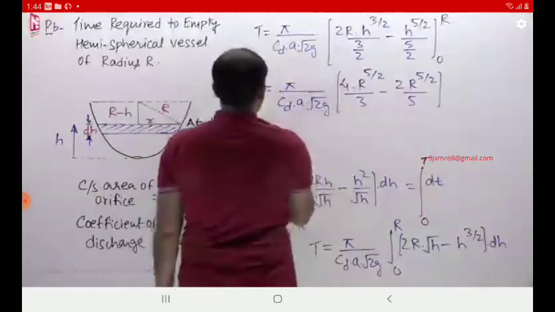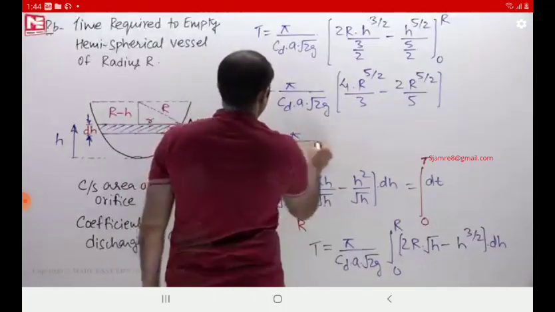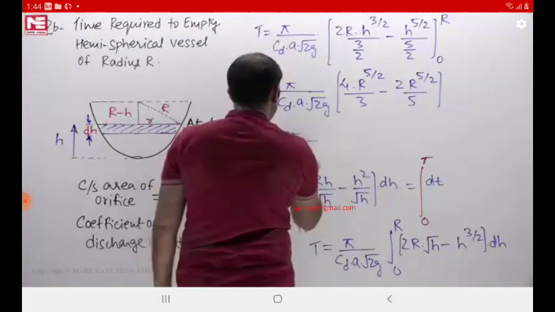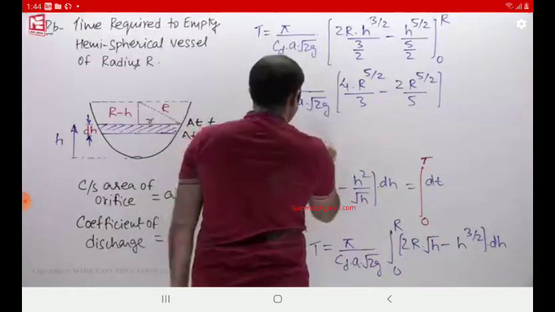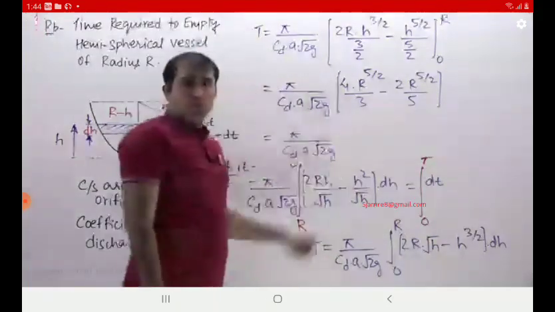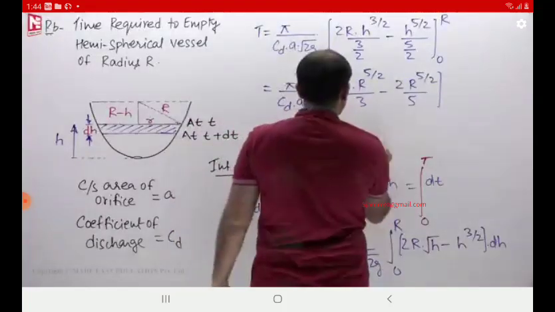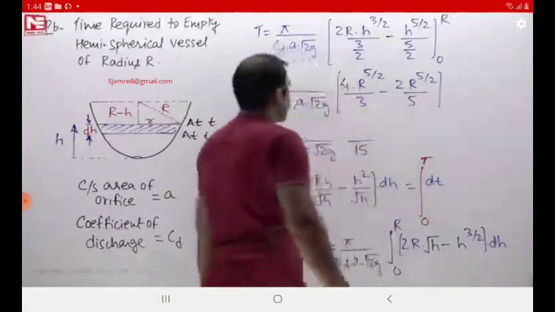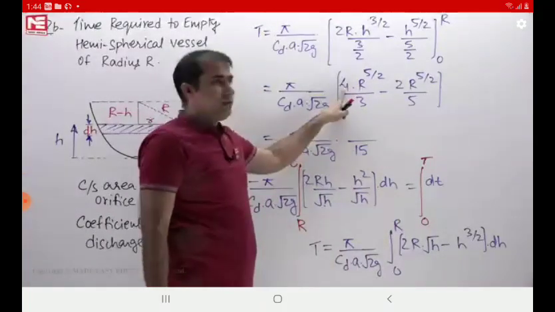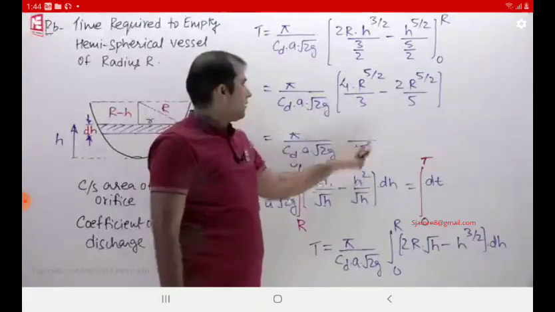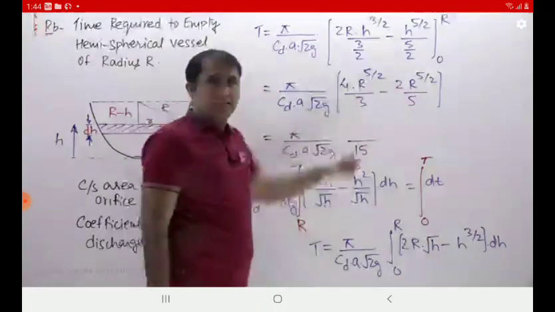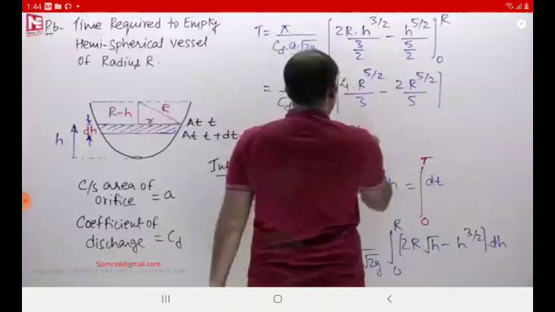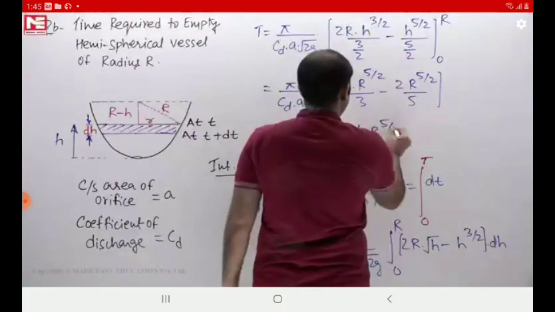Ultimately, this becomes pi upon CD multiplied by A multiplied by root of 2g. This becomes 15 and this becomes 20. 3 times 20 minus 6. This becomes 14 r to the power 5 by 2.